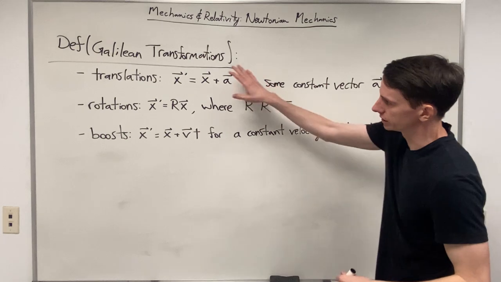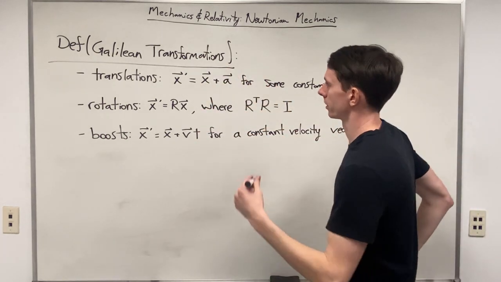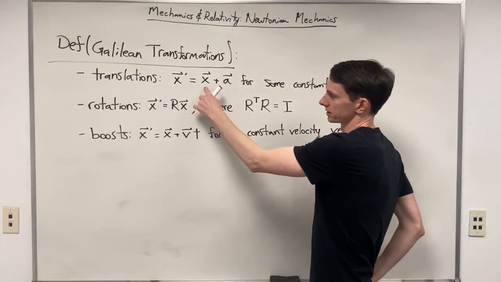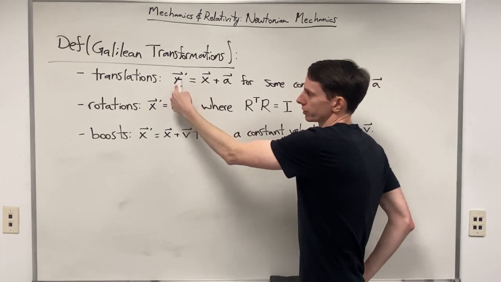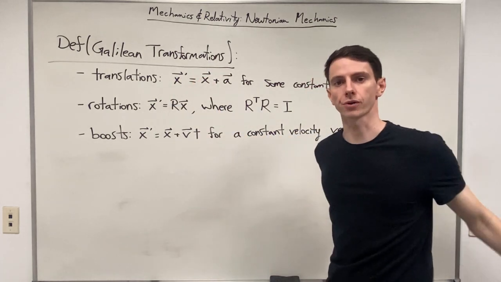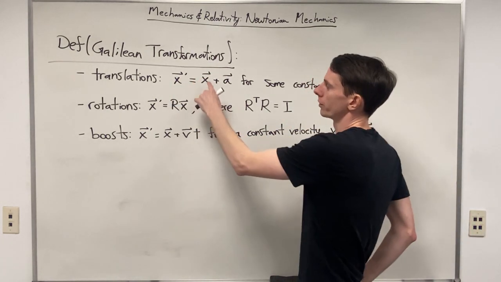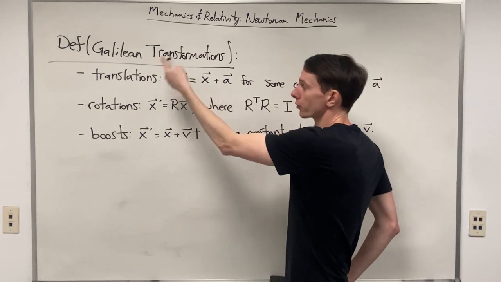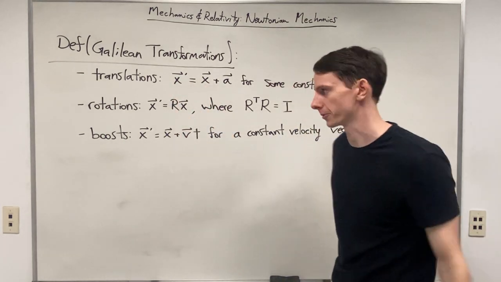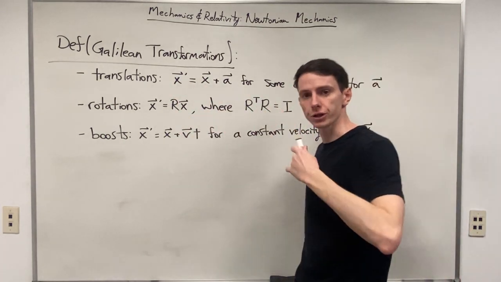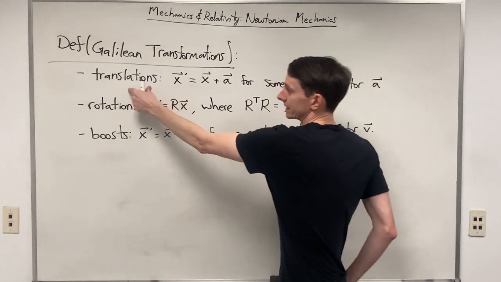With each of these three instances right here, we're looking at a starting coordinate system, x, and converting to a new coordinate system, x prime. This would be like going from one reference frame S to another reference frame S prime. One way we can relate reference frames is by translations.